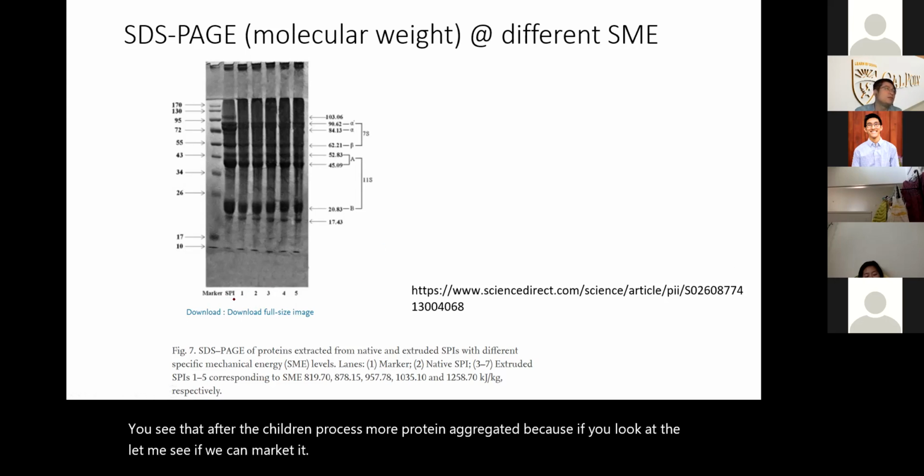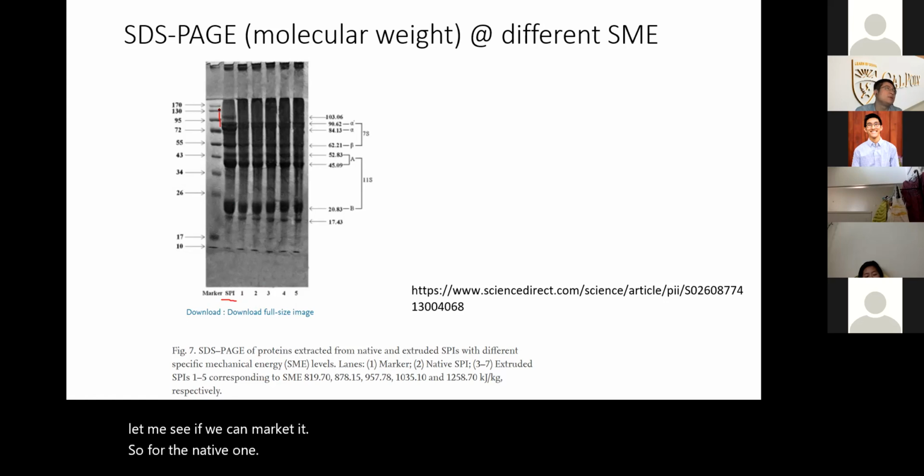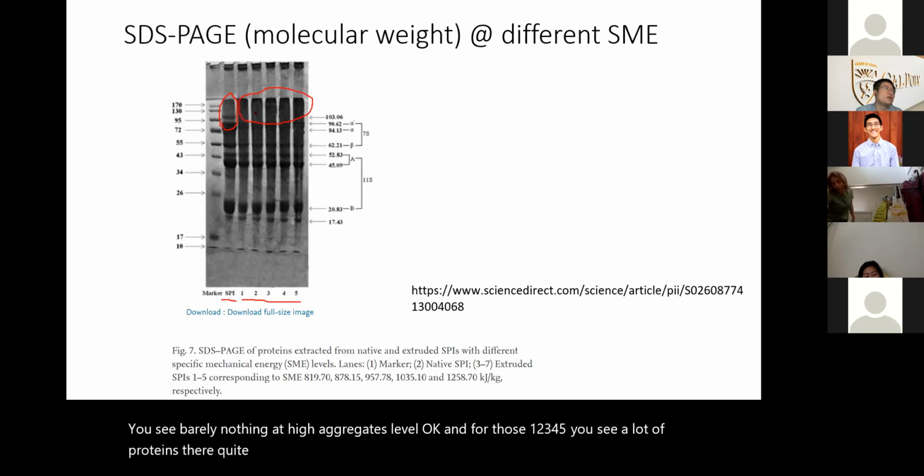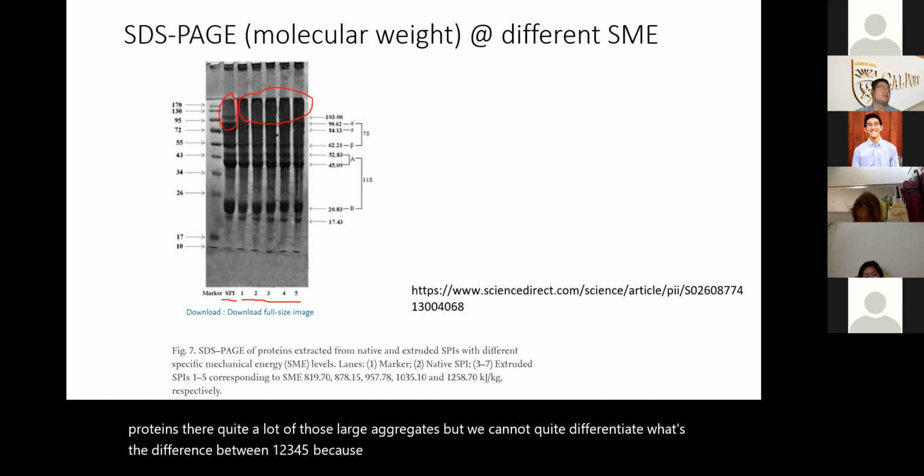for the native one, you see barely anything at the high aggregate level. And for those 1, 2, 3, 4, 5, you see a lot of proteins, quite a lot of those large aggregates. But we cannot quite differentiate the difference between 1, 2, 3, 4, 5 because it's a very minor difference.